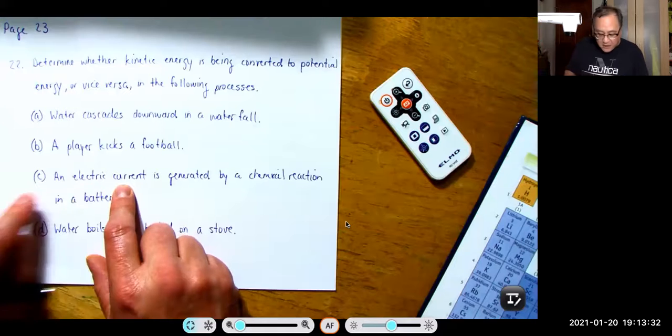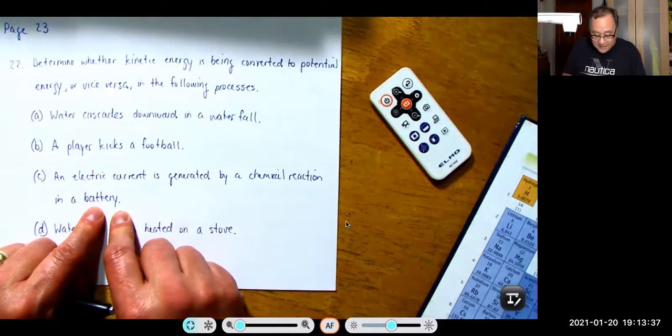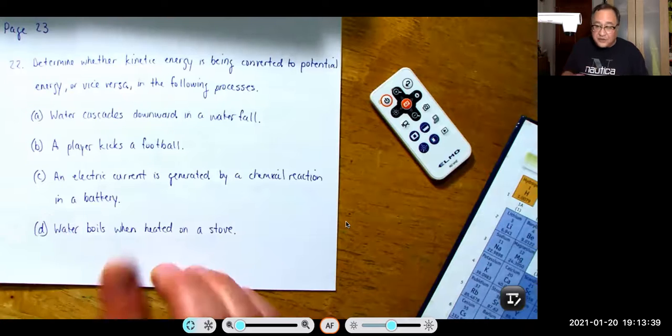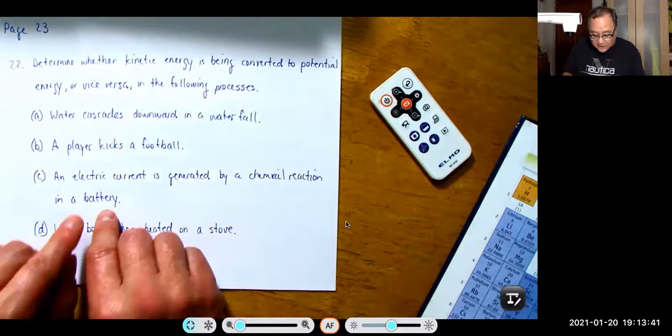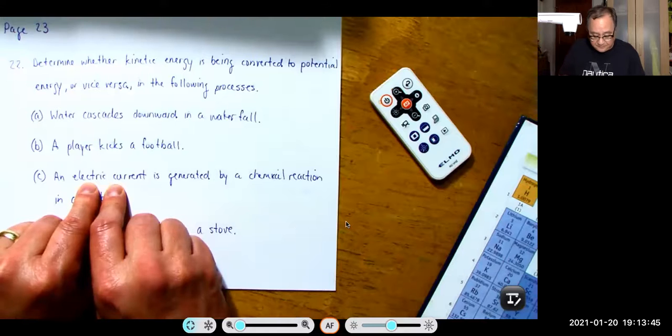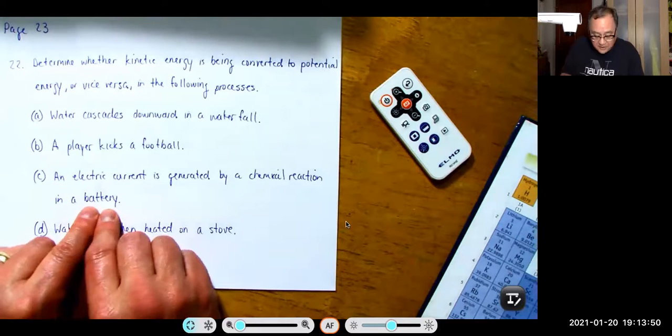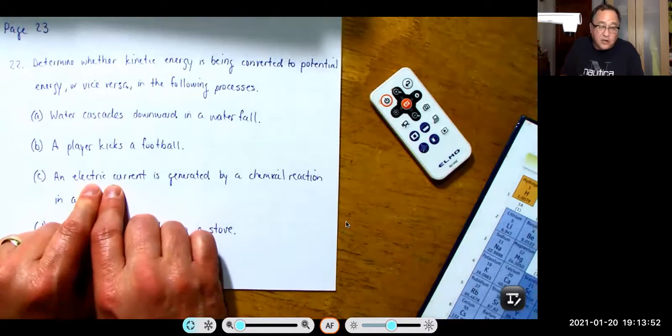This is kind of written backwards, saying this is what happens because of this. So I'm going to say this one is a lot easier than the rest. Here we have stored energy being turned into kinetic energy. And I would actually say this is chemical potential being turned into electric current, which is kinetic.